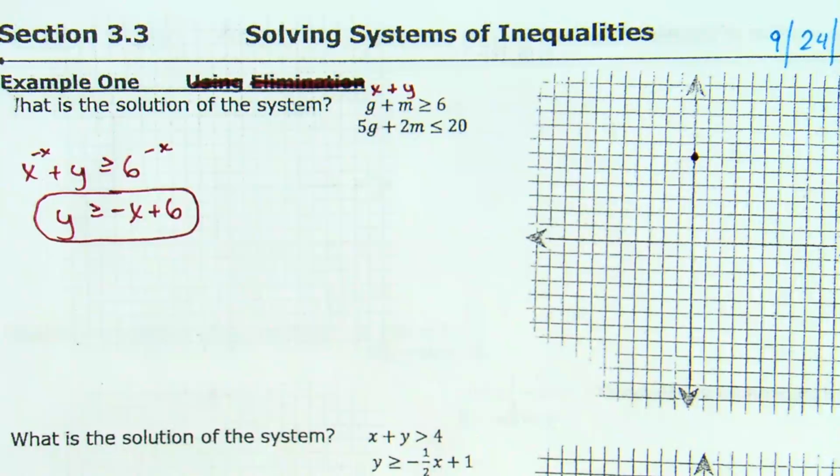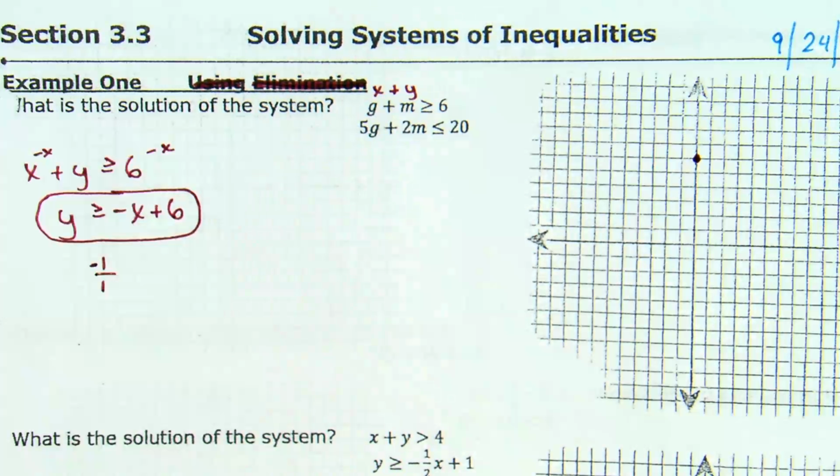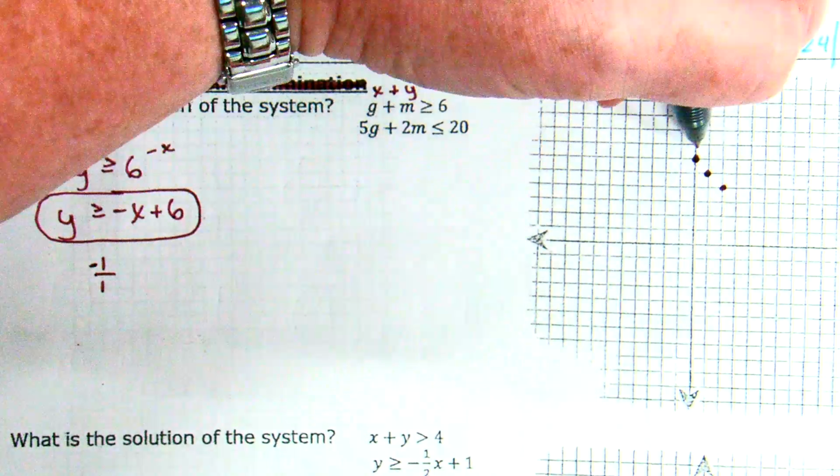Then how are you getting the next points? Down 1, right 1, and you can go down 1, right 1 as many times as you want. The other option to reverse that is to go up 1, left 1. Dots are important to make your line accurate.